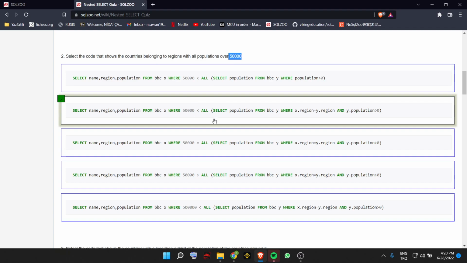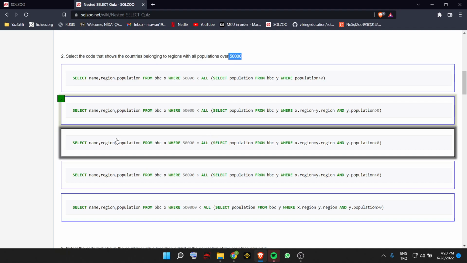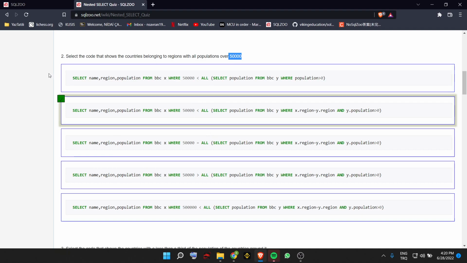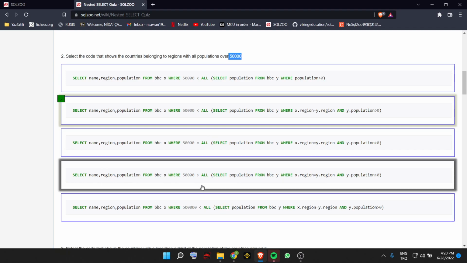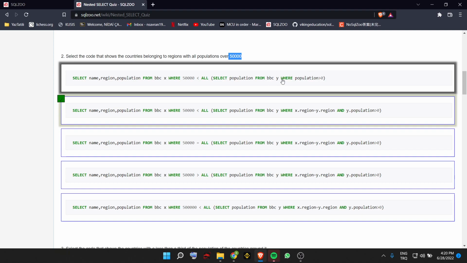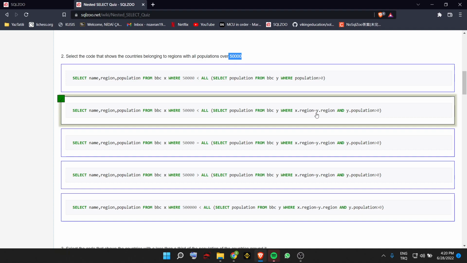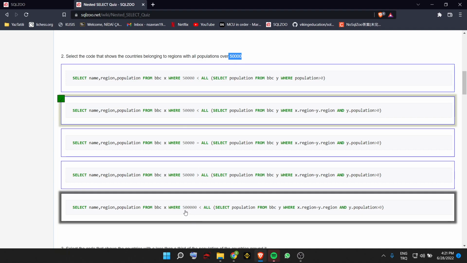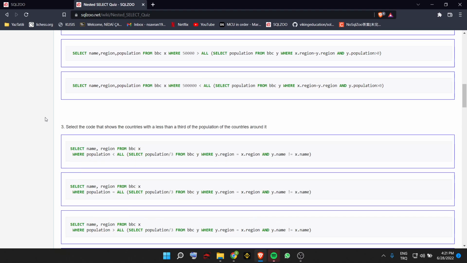A can be the answer, B can be the answer, C and D cannot be the answer, so the answer is either A, B, or E. Let's see what they do. A didn't take the regions, so it cannot be the answer. Let's see the difference between B and E. Oh, it says 500,000, not 50,000, so the correct answer is B.